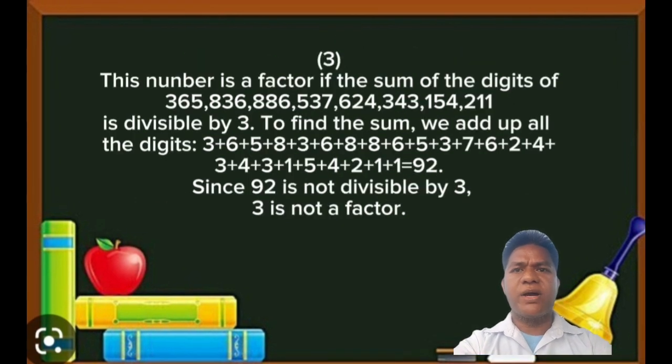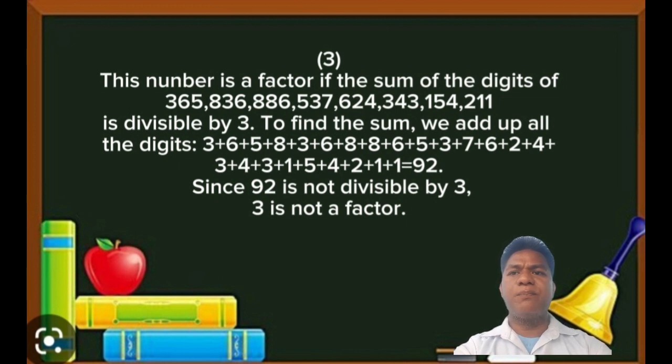This number is a factor if the sum of the digits of 365 sextillion, 836 quintillion, 886 quadrillion, 537 trillion, 624 billion, 343 million, 154,211 is divisible by 3.